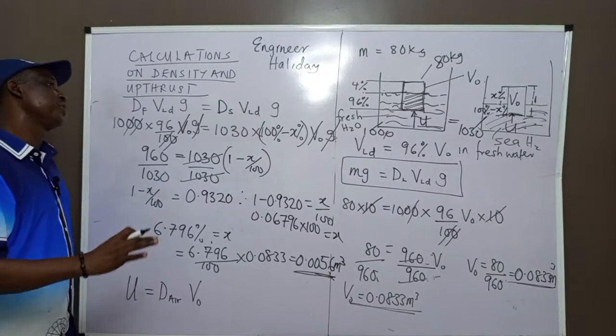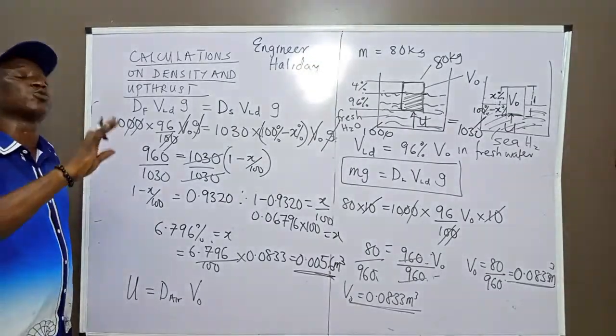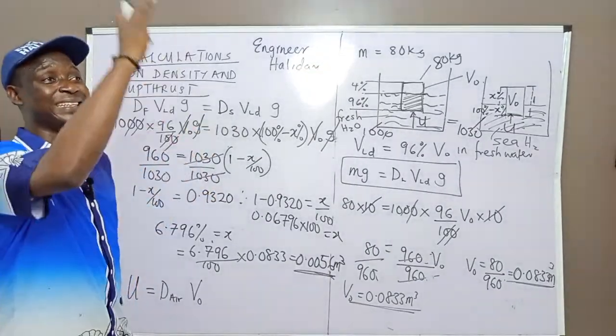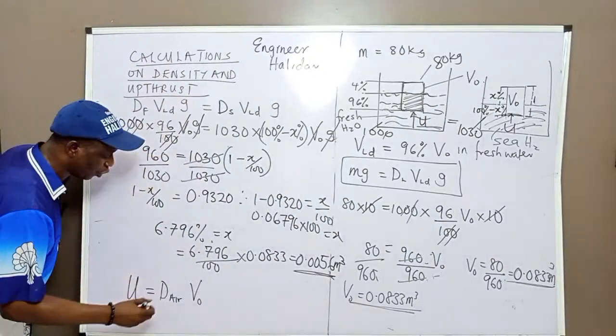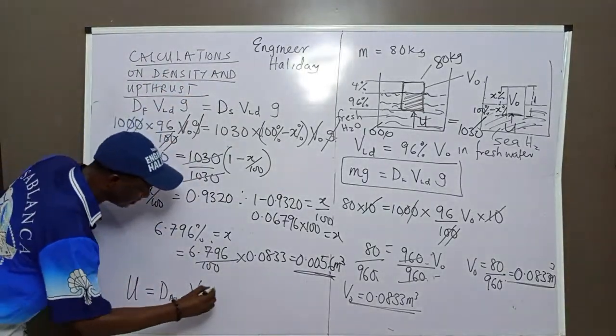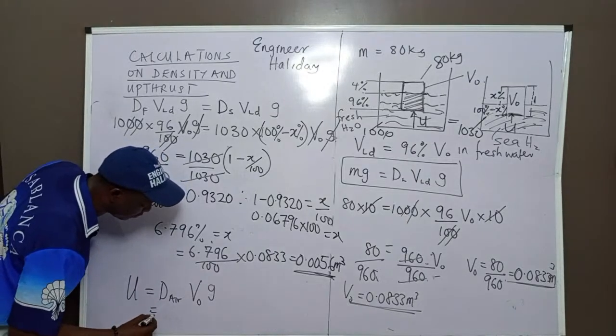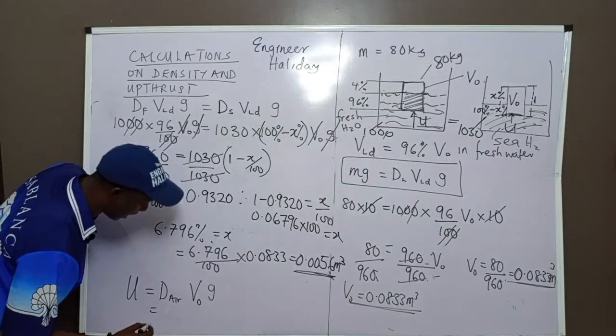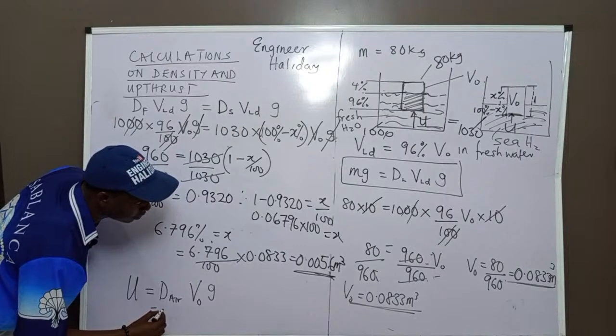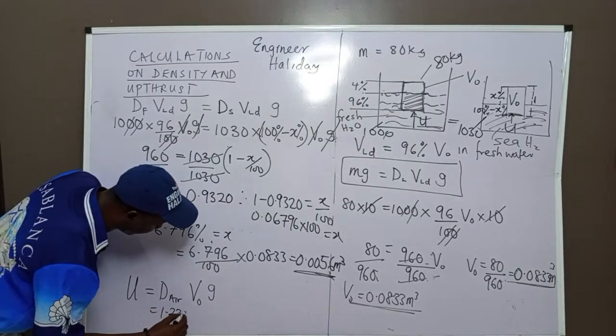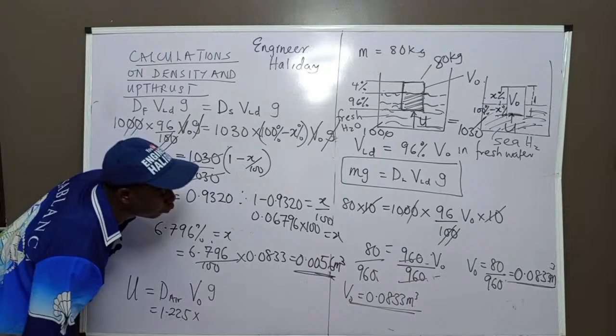A body cannot displace one part of its volume in air. It displaces the entire volume of the object, times gravity. So the density of air is 1.225 times the volume of the object.